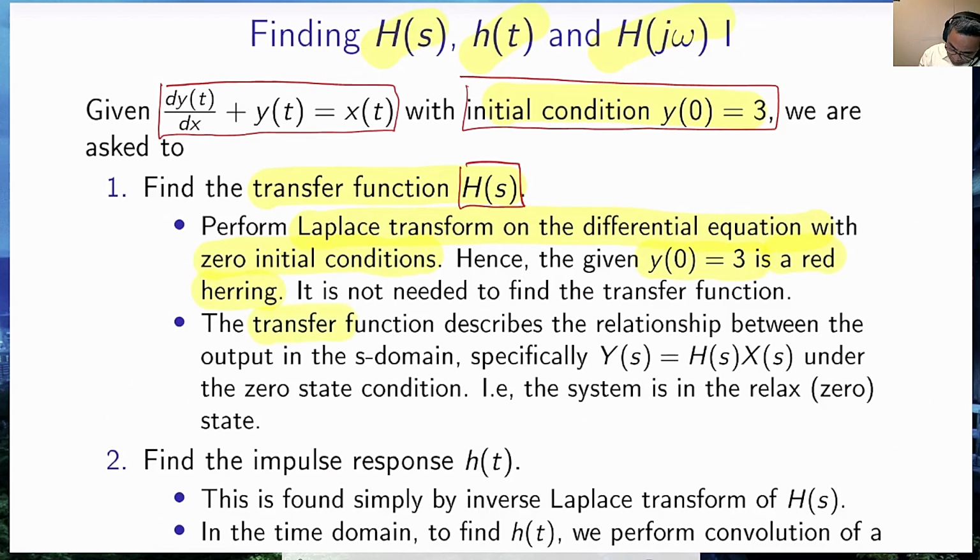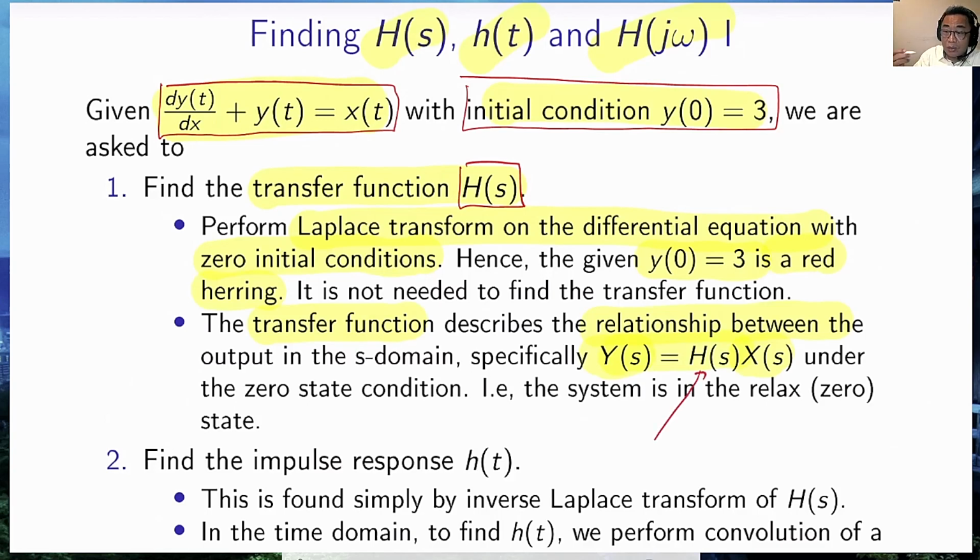Now, what is the transfer function again? It describes the relationship of the output, Y(s), over the input, X(s). So H(s) is equal to Y(s) divided by X(s). Notice that this operation is done as multiplication. In the time domain, x and y are related by derivatives, but in the Laplace domain, X and Y are related by divisions and products.